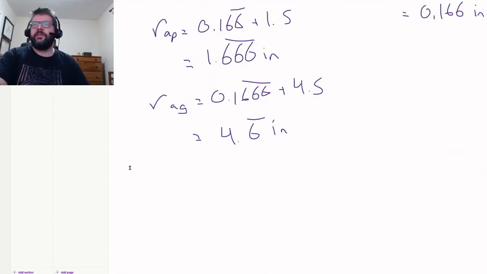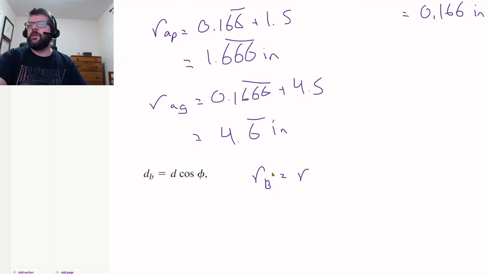We know the diameter of the base circle and the pitch diameter are related to one another based upon the cosine of the pressure angle. So obviously our radius of the base circle is also equal to the pitch radius times the cosine of the pressure angle.